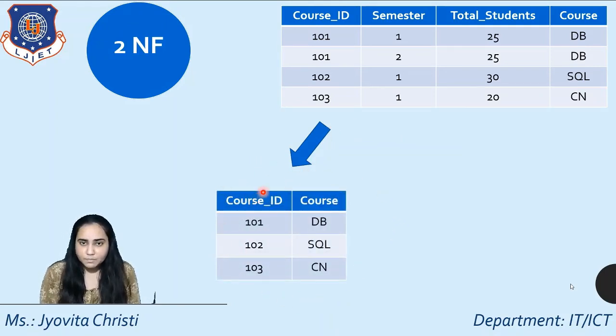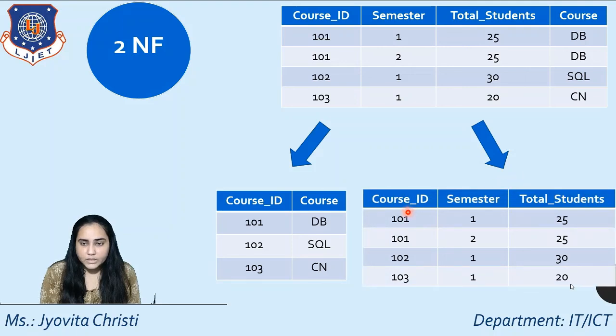Now remember, in the beginning I told you the functional dependencies involved in this table, and those were course ID determines course, and course ID and semester together also determine total students and course. So because course ID determines course was the dependency that was causing the problem, I'm going to put course ID and course on one side. So it is one fragment of the table, and the second fragment of the table would contain course ID, semester, and total number of students.